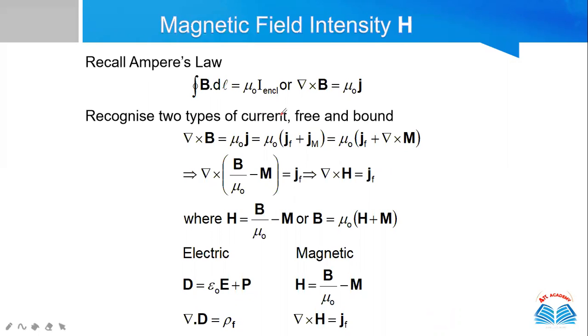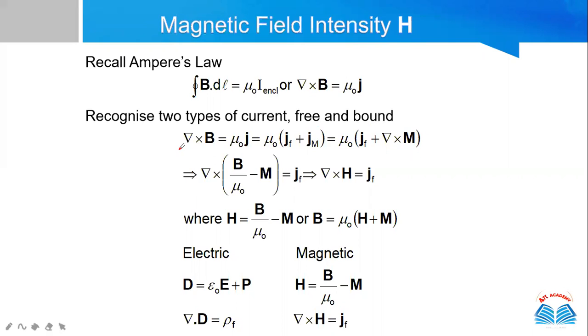There are two types of current, for free charges and for bound charges. We have studied both, along with current densities and the boundary value conditions also. So del cross B equals mu naught J, and mu naught J will be mu naught (JF plus JM). JF is okay, but what is the value of JM? This is del cross M. We know this also.